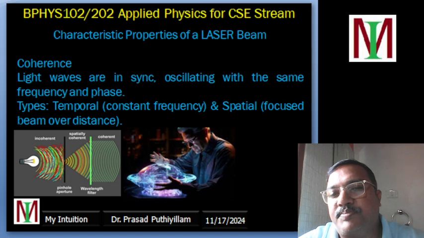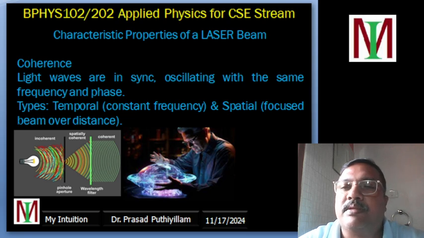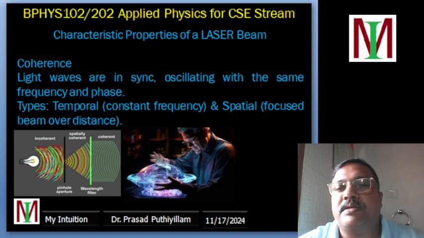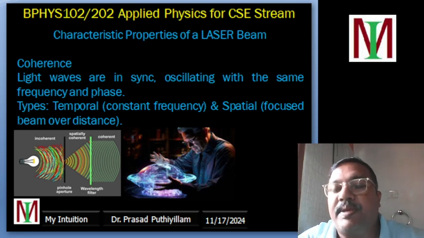The second one is spatial coherence. Spatial coherence means that the laser beam can be focused into a very small point or spread over a long distance without losing its focus. Thus, the light remains tightly concentrated even over large distances.